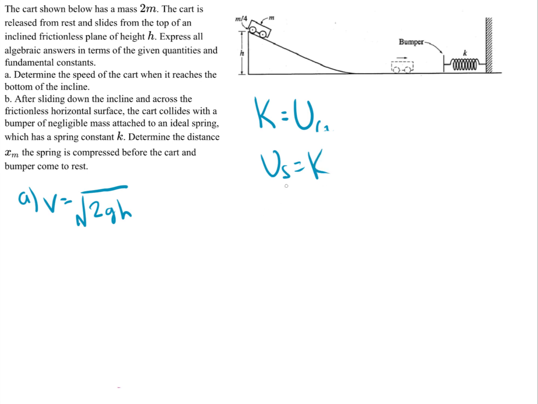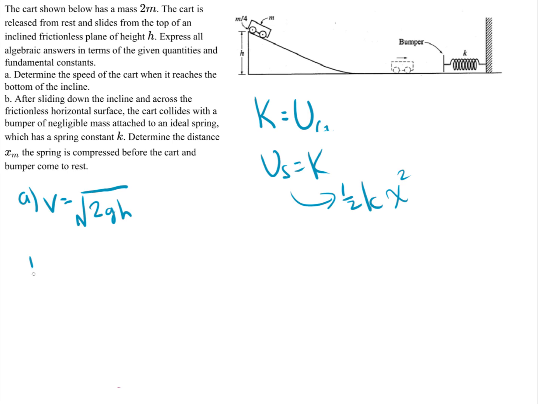So the potential energy that the spring has after being compressed is going to be equal to the kinetic energy it has after falling, which is the exact same thing as the gravitational potential energy it had. So just a quick reminder, the spring potential energy is given by 1/2 kx squared, where k is the spring constant and x is the displacement, or the distance the spring is compressed or stretched.